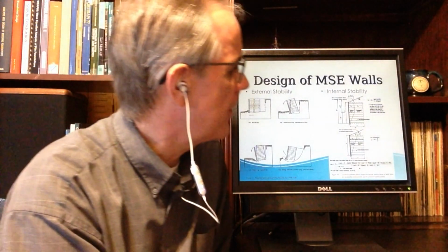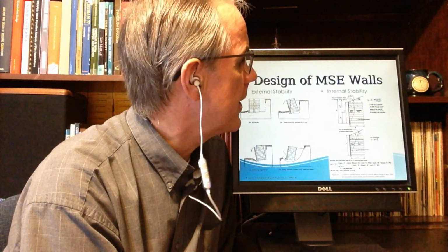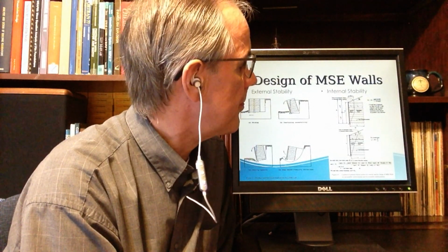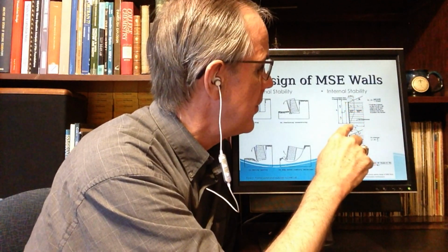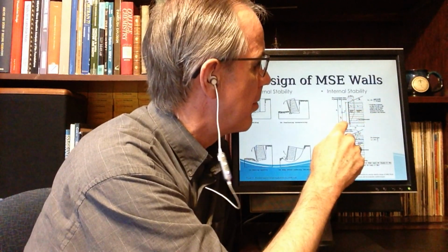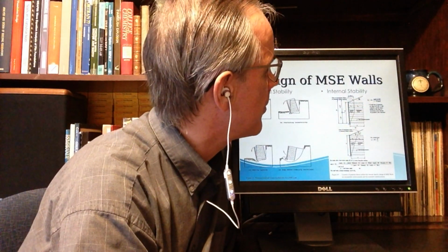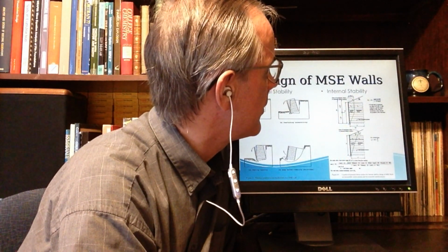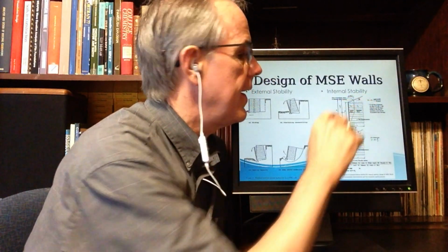Now, one thing you'll notice in this particular diagram is that the top diagram has a break. It comes up and then it breaks and goes straight up. Basically 0.3 times H1, which is the height up to this point here, which will vary again.